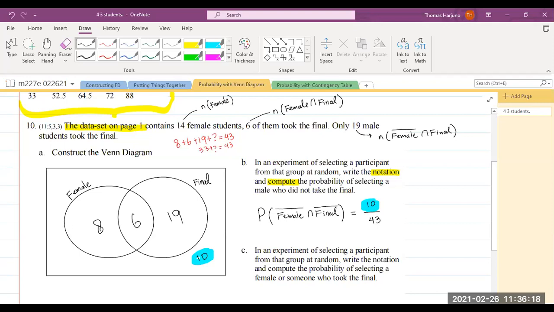That's the probability. The method we use here is we assume each of these 43 students is equally likely to get selected. What is the probability that person is a male and not taking the final? There are 10 of them out of 43.